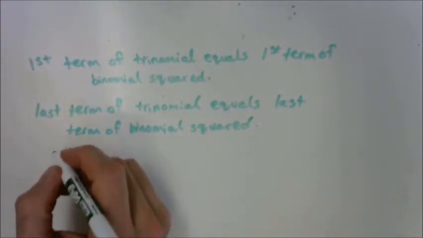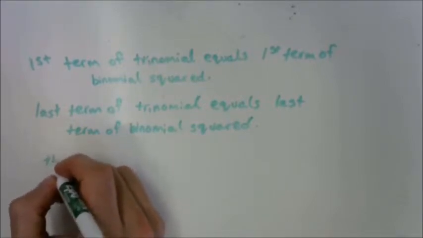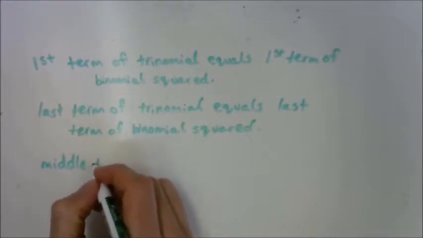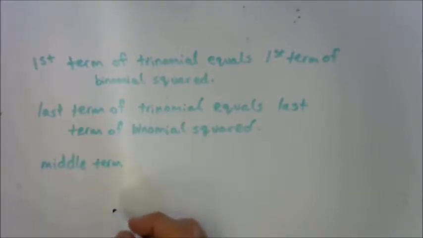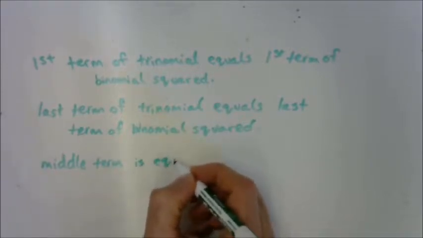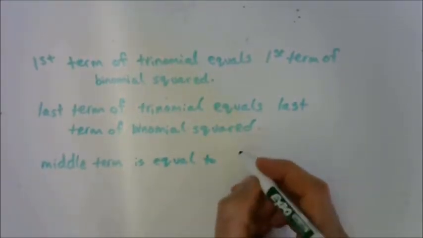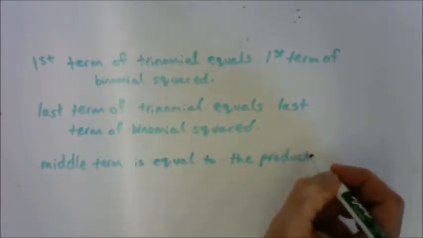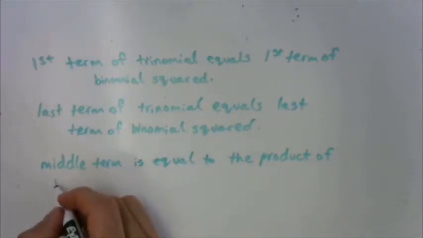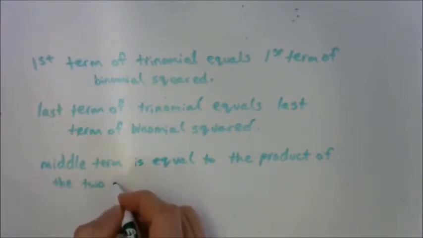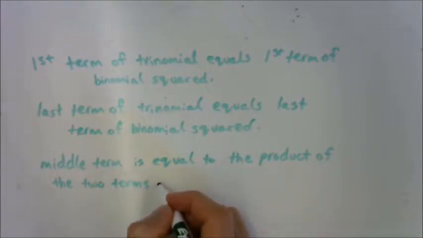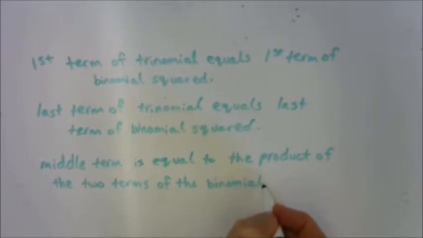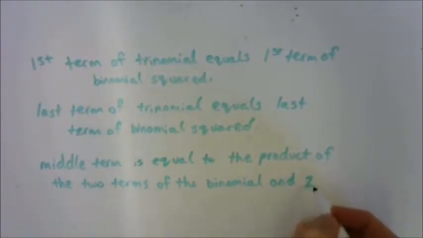Okay. The middle term is equal to the product of the two terms of the binomial and 2.